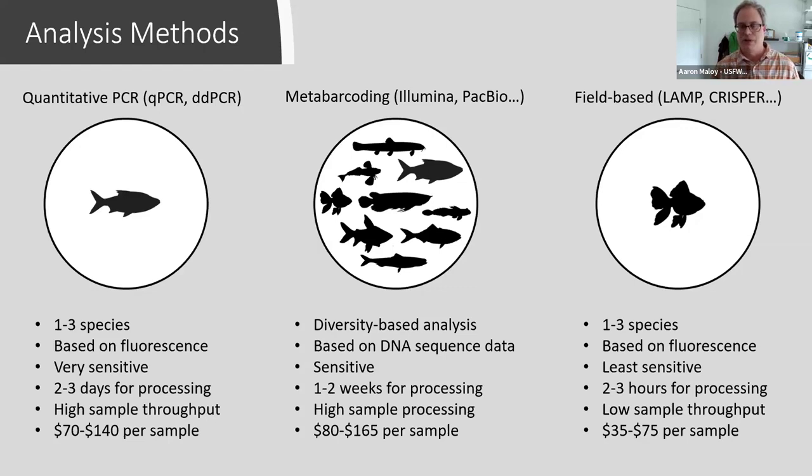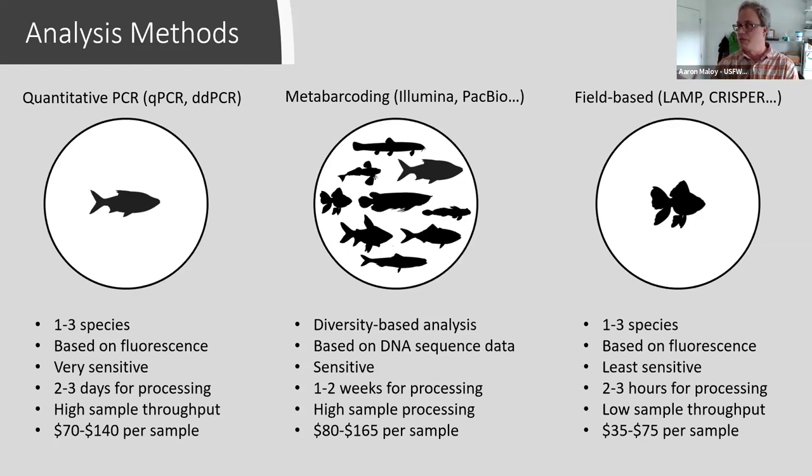Metabarcoding is quite different in that we don't necessarily have to know what the target species is. We design the molecular assays in a more generic framework. It allows us to pick up a wide diversity of organisms, so we're doing more of a community-based analysis. They are typically directed in some way in that there's a taxonomic group that they're designed for. So in this instance, maybe we're looking for fish, or it could be benthic insects.